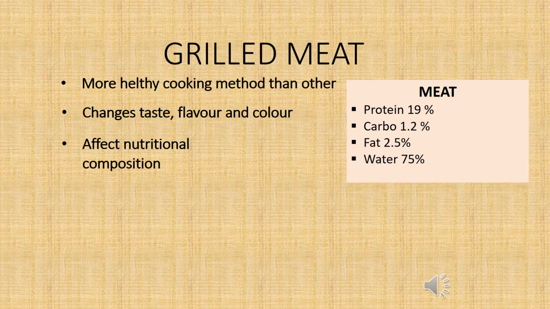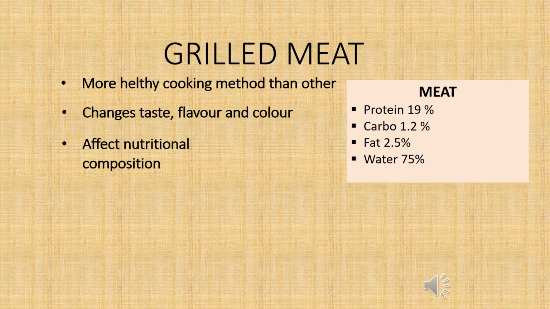People around the world will choose a griller, especially in western countries. It is because people say that grilling is a healthier cooking method than others. For example, frying uses oil, but when we grill the meat, it just uses a little oil.